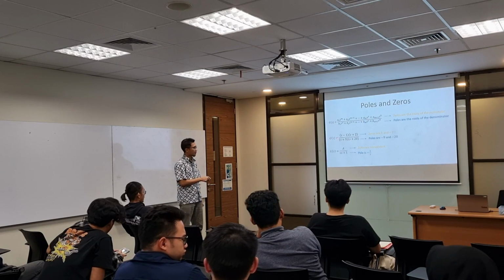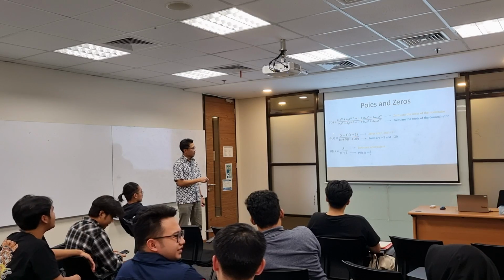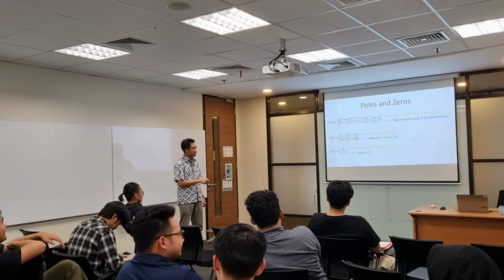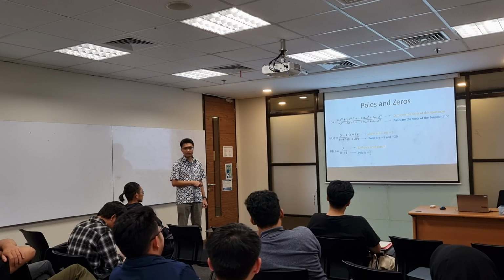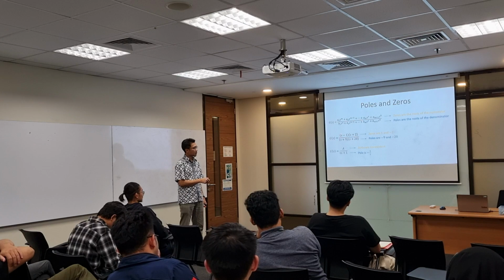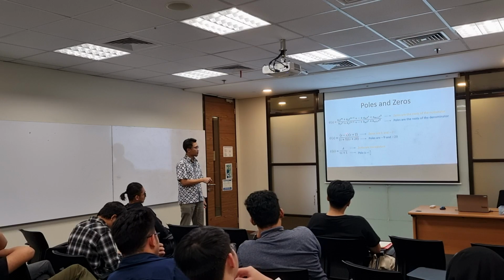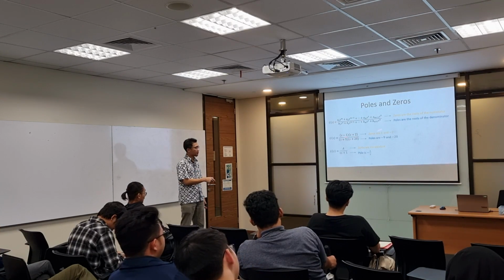As an example, in here we have two transfer functions. For the second transfer function here, the zeros are 1 and -2. What if we make S to be 1? This term becomes 0, yeah? So 0 multiplied by anything that is non-zero becomes 0. So the top part becomes 0.